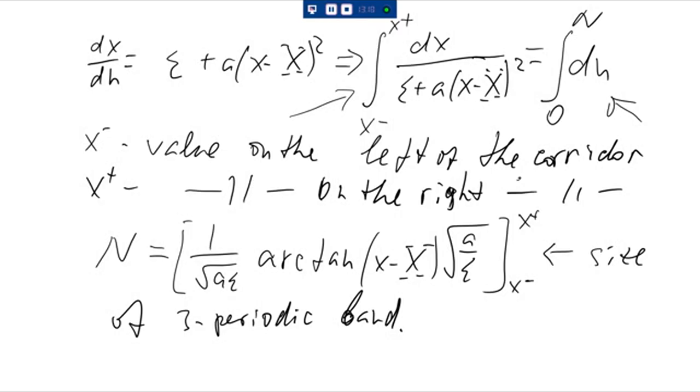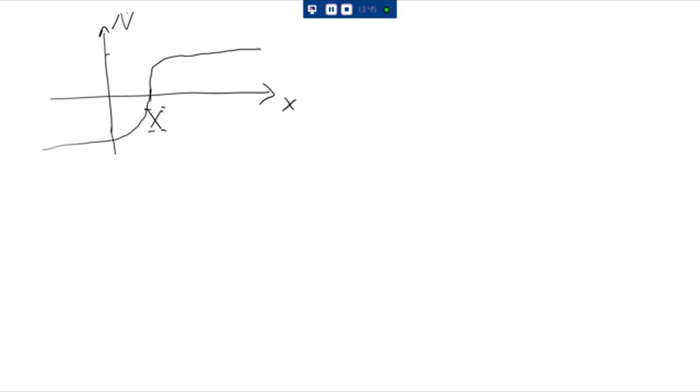And this integral can be estimated. Let's check it. So this is x, this is n, so n is a function of x. Let's say this is x capital. Now arctangent will look like this. This limit is pi over 2 times square root of a epsilon.